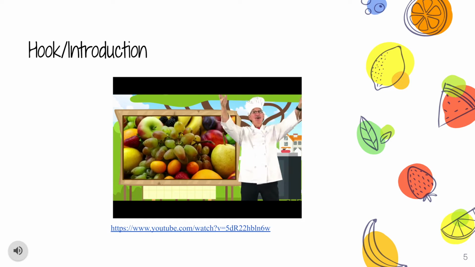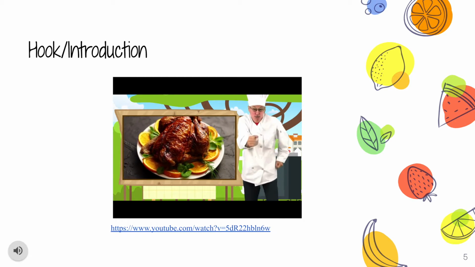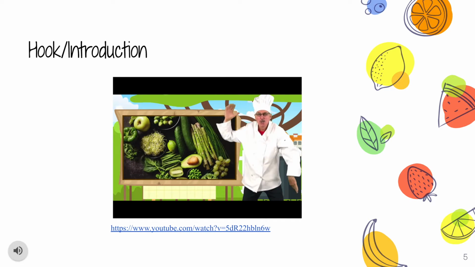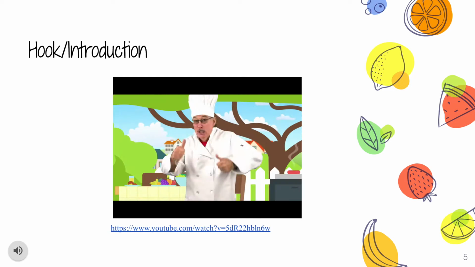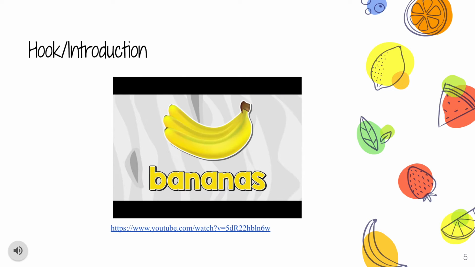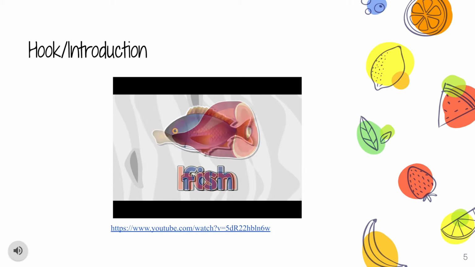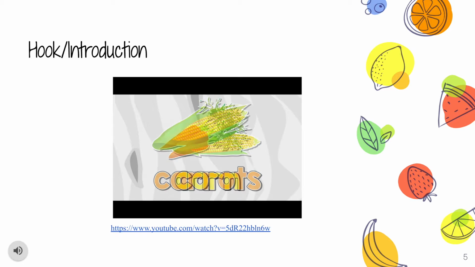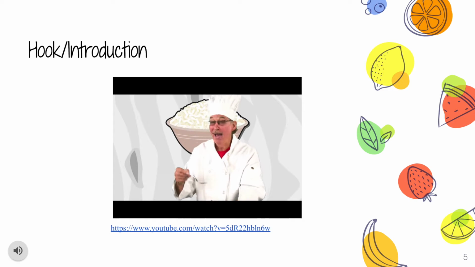Good foods help your muscles grow. Good foods help you run real fast. Good foods help your arms to swim. Good foods, alright. Like apples, bananas, oranges and grapes, chicken, fish, ham and steak, broccoli, beans, carrots and corn, potatoes, rice, may I have a little more? Yeah!